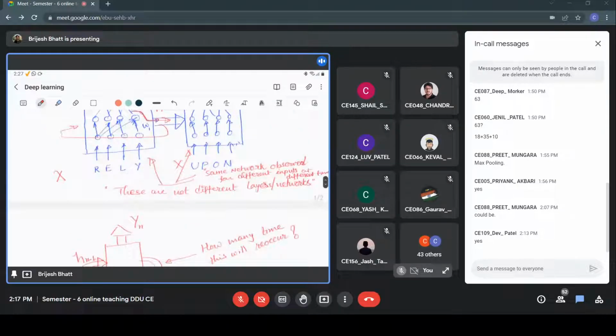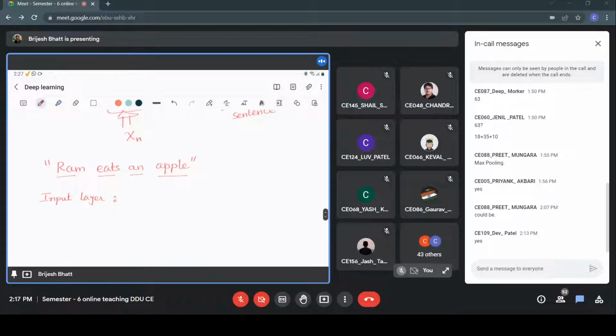We are giving a word as an input. The input size will be the size of the word, but the size of the word is not fixed. It can vary. So how do you deal with that? Take the largest word and decide that size. Here the largest word is apple with 5 letters, so the input size is 5.